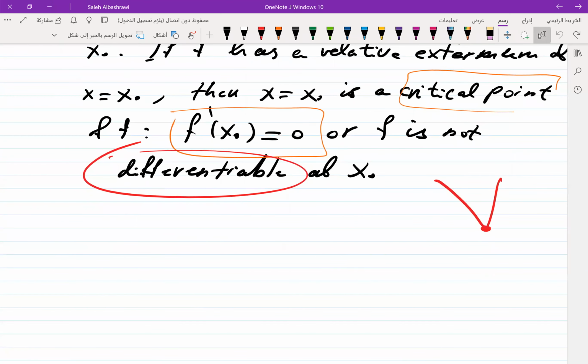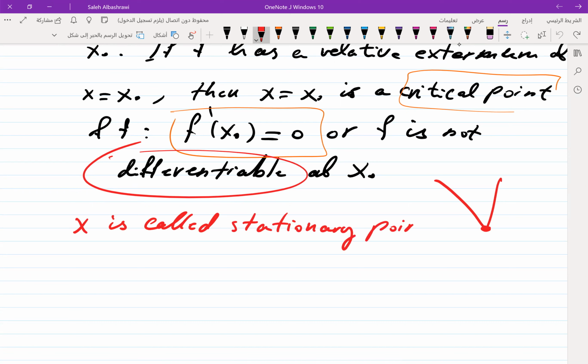Now, the critical point x, or stationary point, is where f prime at x equals 0.